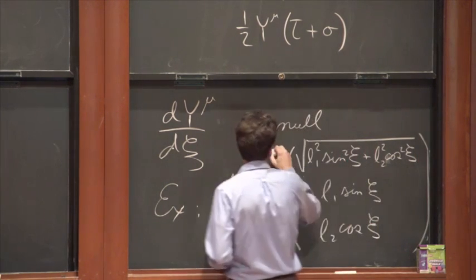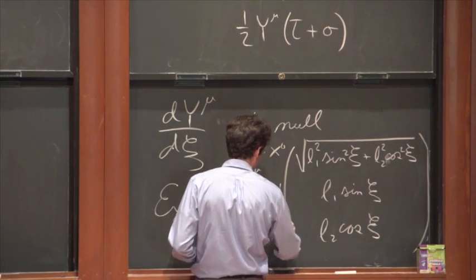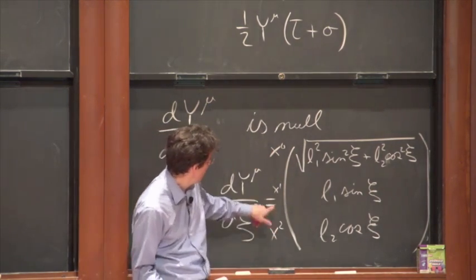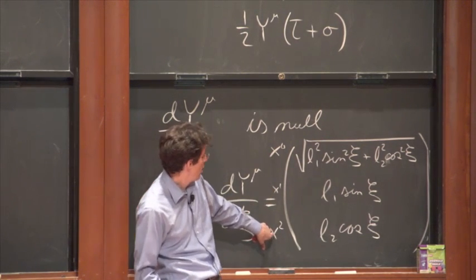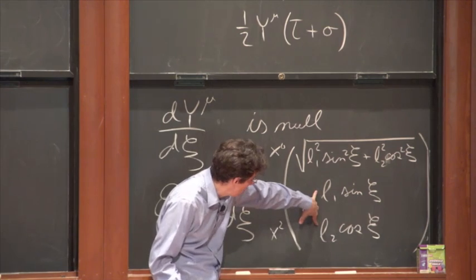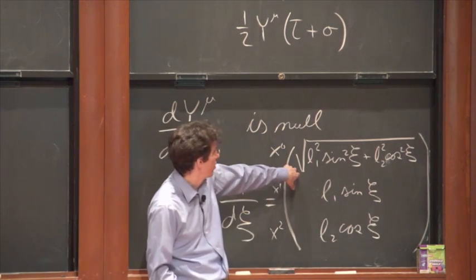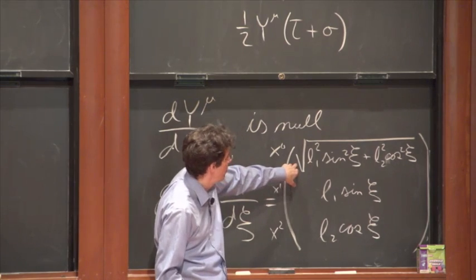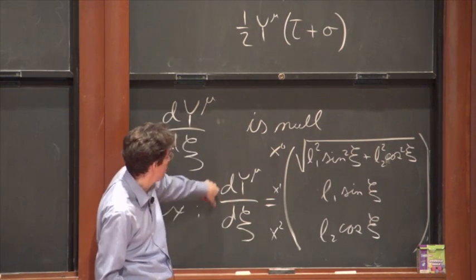So this is the x0 direction, this is the x1 direction, this is the x2 direction. You see I made it so that the x1 and x2 directions have a curve in them which is elliptical for L1 not equal L2. And then this time coordinate, I had to pick the form that I picked precisely in order that this vector should be null.